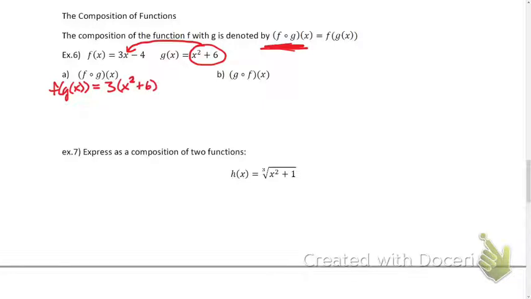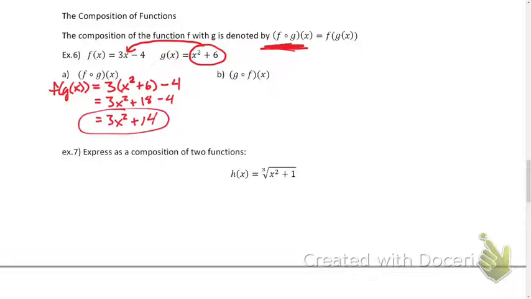And then close it and write the rest of function f. So if you get that far, you're probably good to go. It's just that first step that's hard. Distribute the 3. And you got it.